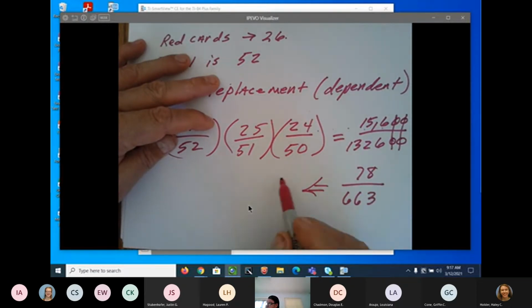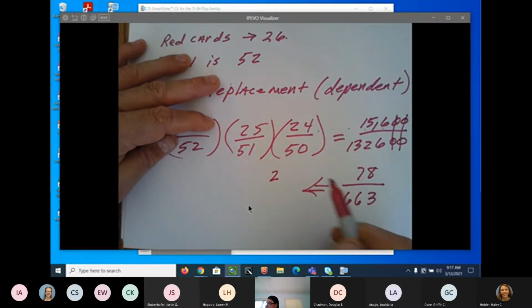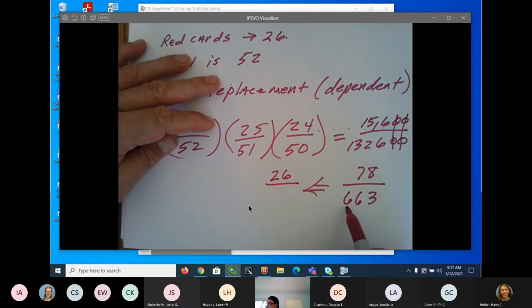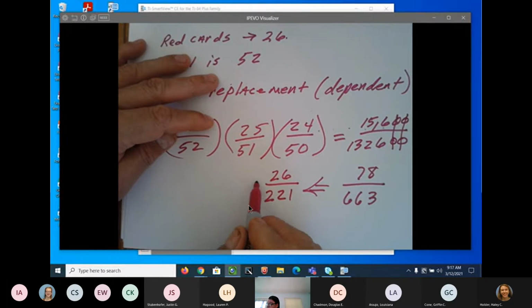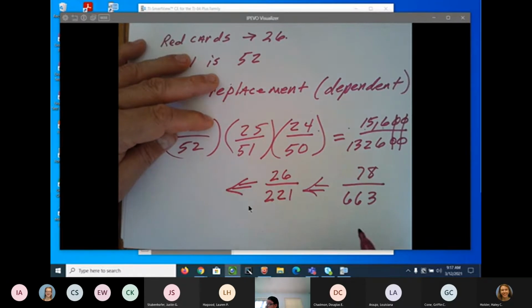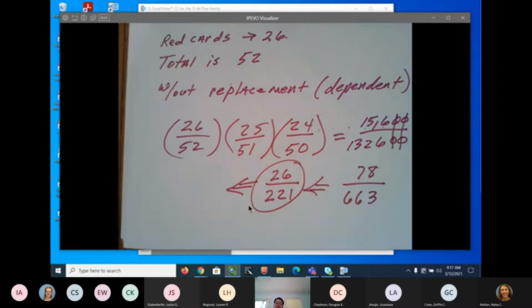So 3 will go into 78 26 times, and 3 will go into 663 221 times. 3 will not go in there. 221 is 13 times 17. 13 will go in there. I think that's the answer. I may be wrong. I got 2 over 17. Okay, we'll go with that because I'm doing it all in my head. Let's do 2 over 17.